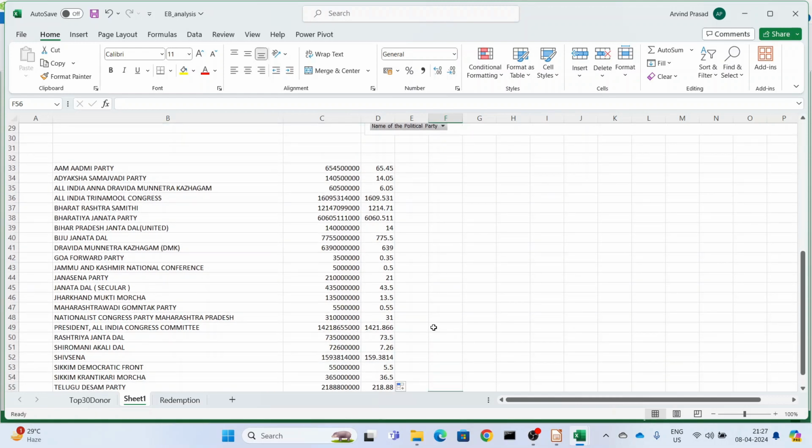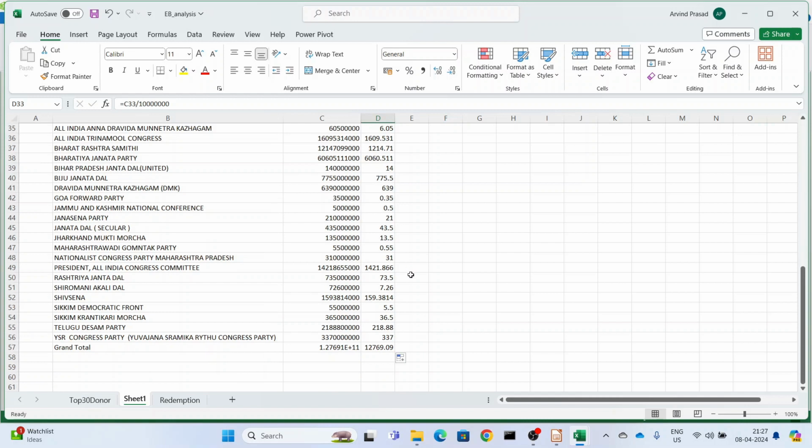Now what we find here is since 2019, Aam Aadmi Party has received 65 crores. Congress has received 1,421 crores and BJP 6,660 crores. Right?